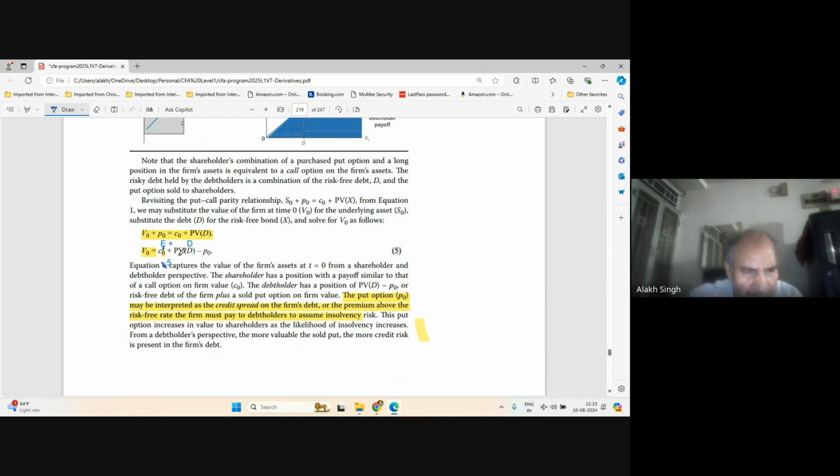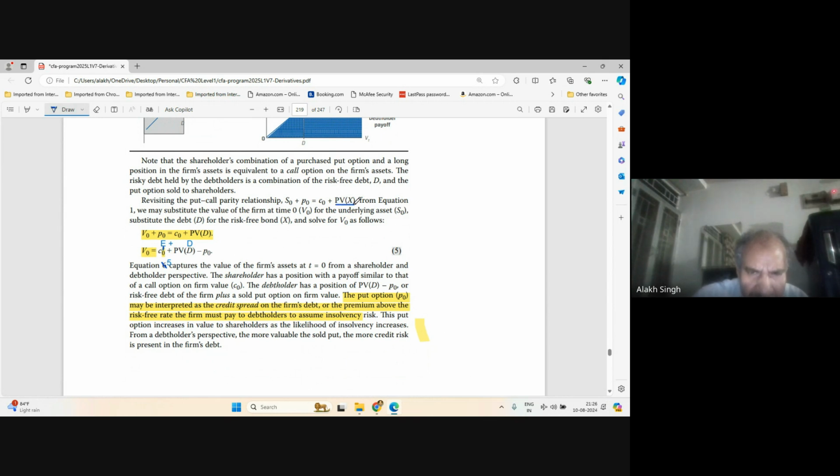So this part, the present value of debt minus P0, is the risk-free debt, because they have already sold P0 to cover the risk. So this becomes risk-free debt, which is our present value of X.